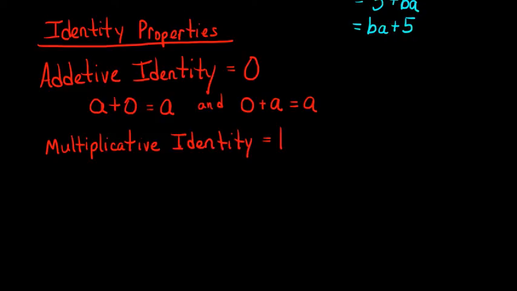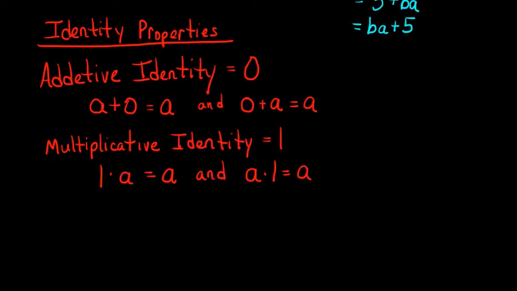So algebraically, this is what it looks like, because we're going to use our variable. If we say 1 times A, it's going to equal A. And we know that I can also use the commutative property and switch it around and say that A times 1 equals A. Alright, so that is the identity property.